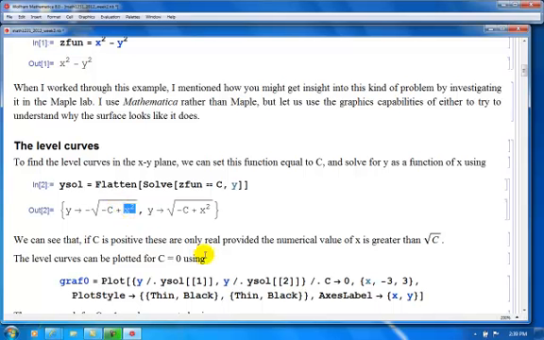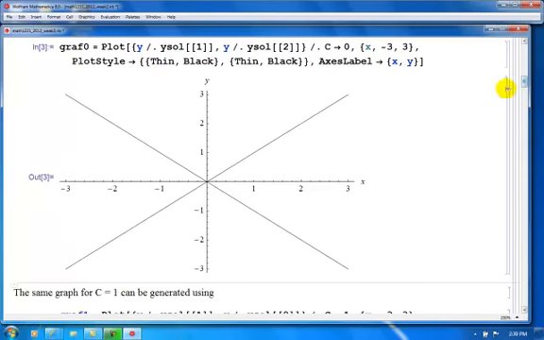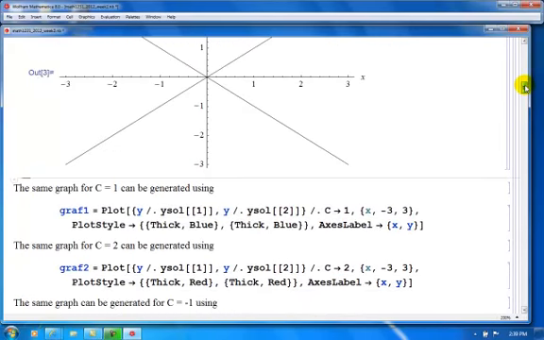If c is negative, of course, they're always real. So we'll start off with the level curve for c equals 0, in other words, in the plane z equals 0. That's what it looks like, and we can see these are straight lines, and let's see how they are related to the other curve.